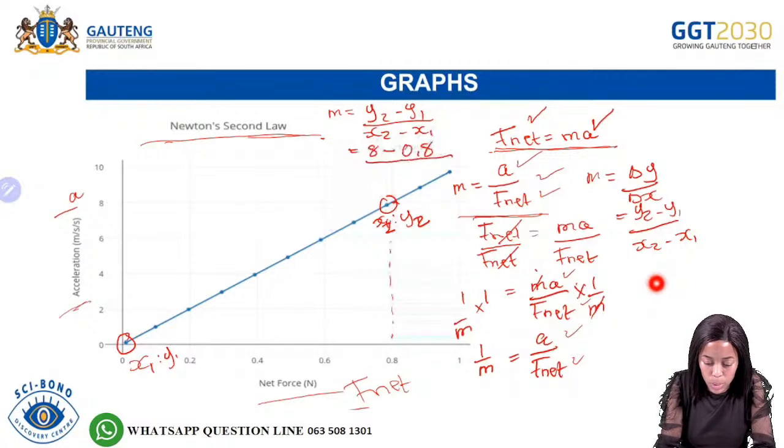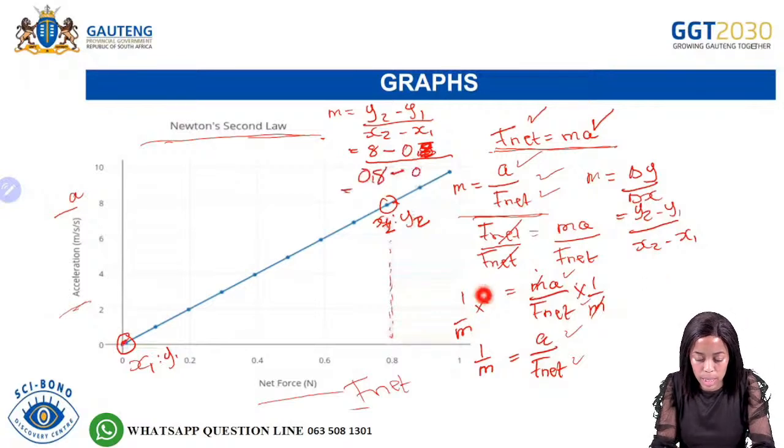And then y2 minus y1. So y1 is represented by 0, sorry about that. Your x2 is represented by 0.8 if you go down, and your x1 is represented by 0. Let me just repeat.